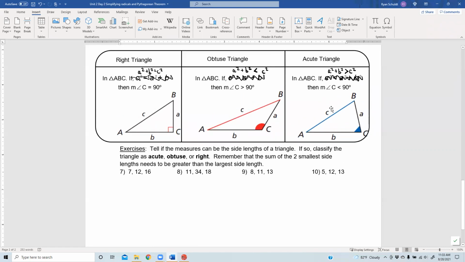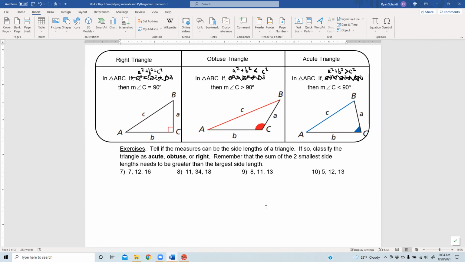So let's use this for these next four examples. First thing it asks us to do is tell if the measures can be the side lengths of a triangle. If so, classify it as acute, obtuse, or right.